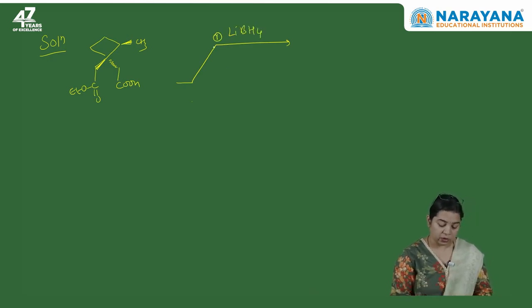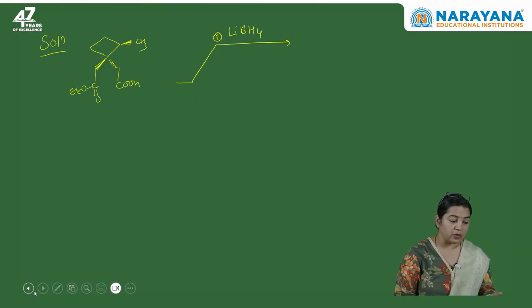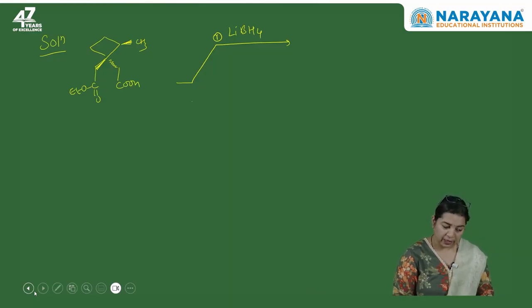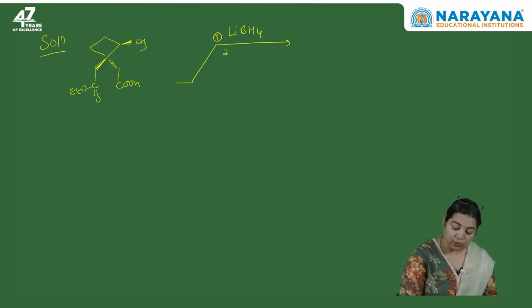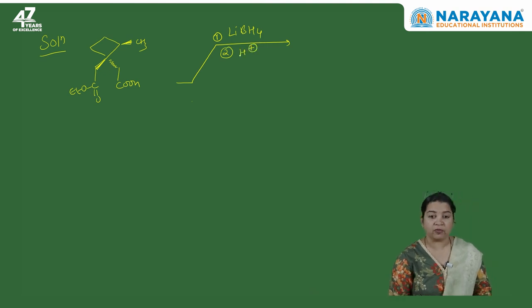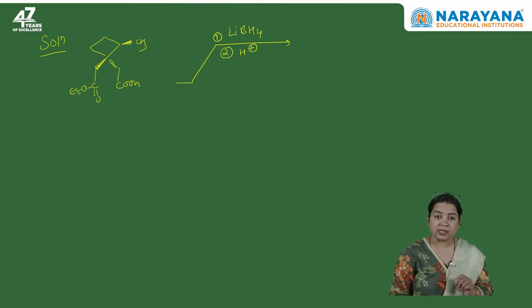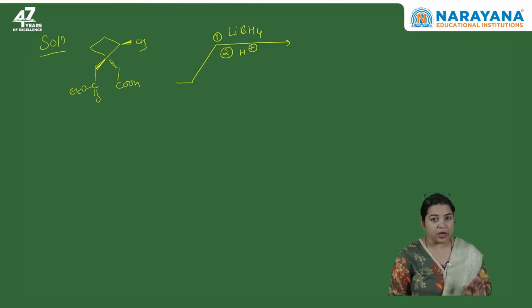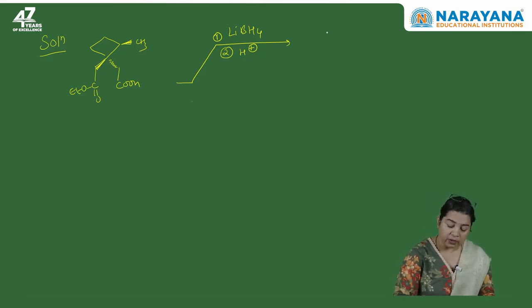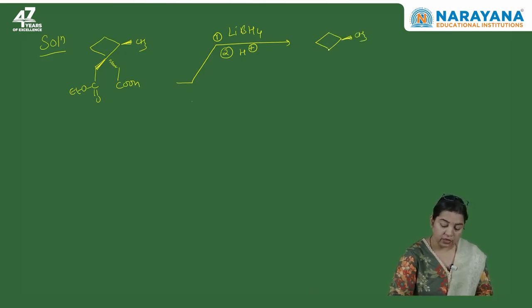LiBH4, as the question has already mentioned, will reduce ester to alcohol. Fine, but it is followed by H plus. And when it says followed by H plus, if you have read the NCERT carefully, it has clearly mentioned that acid and alcohol, if placed in acidic medium in presence of HCl or H2SO4, esters are formed. So let us draw the possible product, CH3, right?